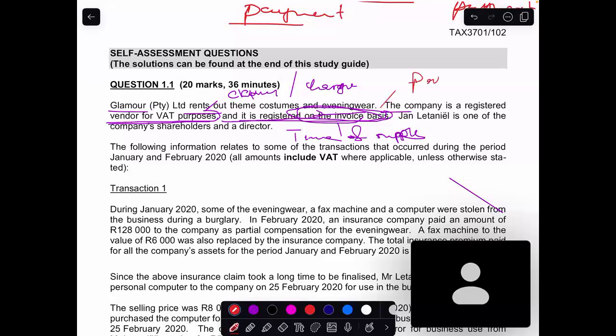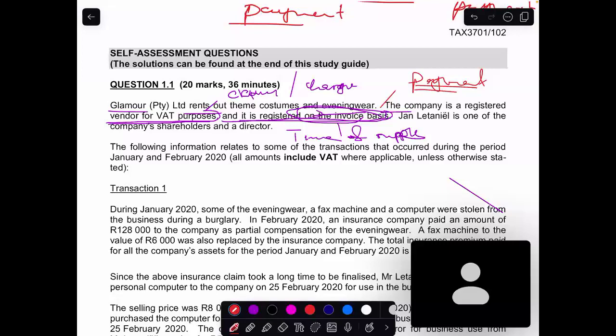On invoice basis, time of supply is the earlier of payment or invoice date, whichever comes first. Then on payment basis, time of supply is when the payment is made or when the payment is received.